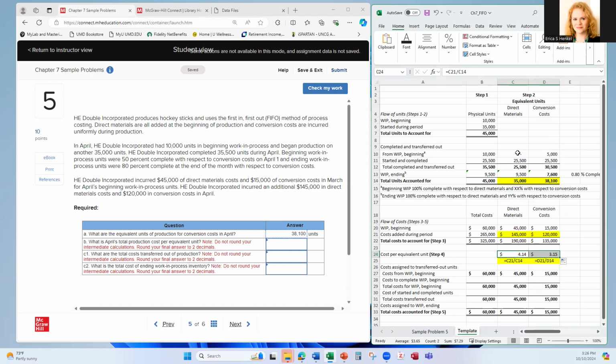We aren't including any of those already charged off costs, only the ones that haven't been added yet here. So we don't need to worry about subtracting anything out for the beginning WIP because we only include items that were done during the period here. So we also only want to do costs added during the period under this FIFO method. That's a big difference between this and the weighted average method.